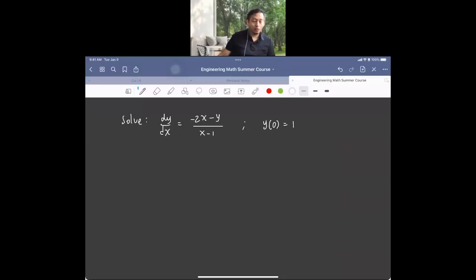Okay, first we can check whether it's exact or not, right? Or maybe before that, rewrite the form first and identify M and N, right?